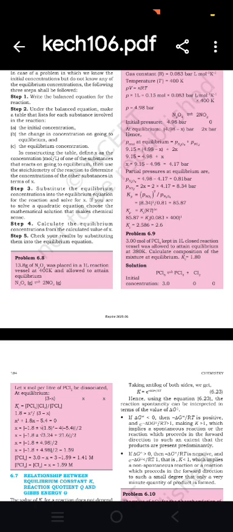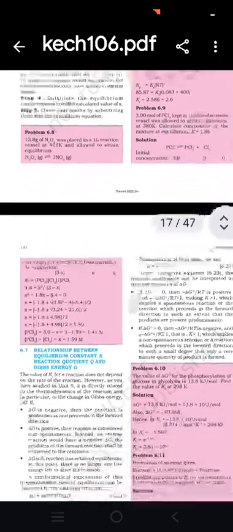If you solve a quadratic equation, choose the mathematical solution that makes chemical sense. Step 4: Calculate the equilibrium concentrations from the calculated value of x. Step 5: Check your result by substituting them into the equilibrium equation.